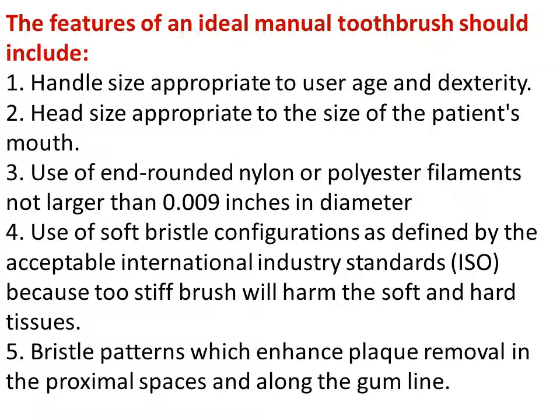Number 4, use of soft bristle configurations as defined by the acceptable international industry standards, ISO, because a too stiff brush will harm the soft and hard tissues. Number 5, bristle patterns which enhance plaque removal in the proximal spaces and along the gum line.